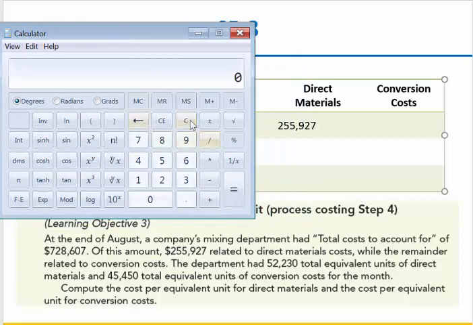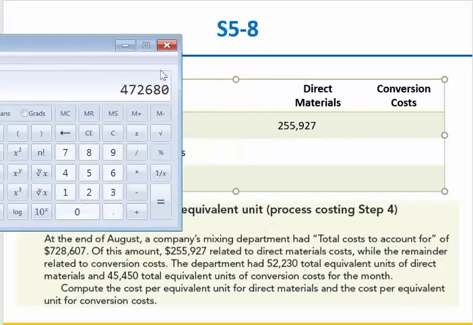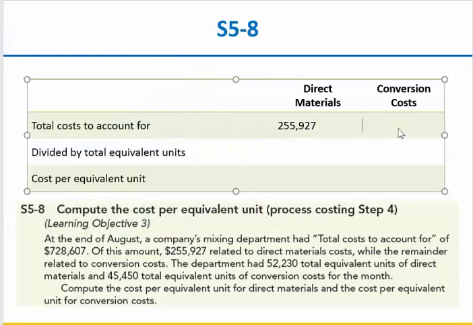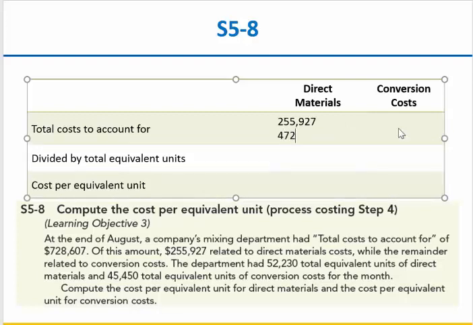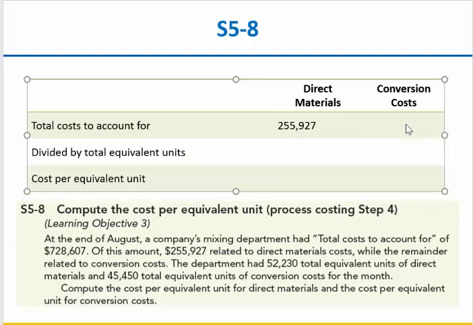I'm going to use 728,607 minus 255,927 to arrive at $472,680. Okay. So this is what I get here.